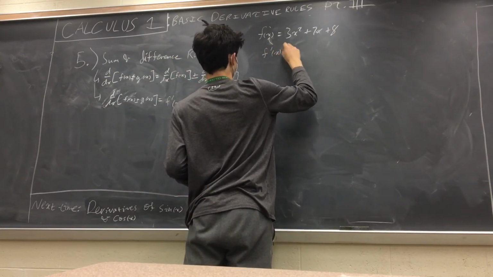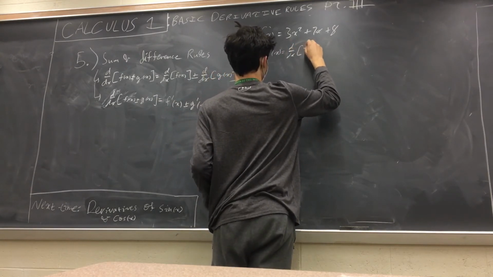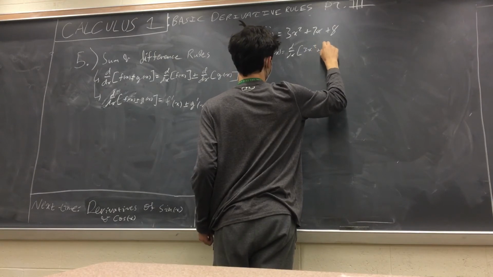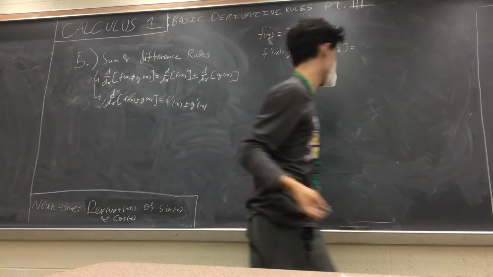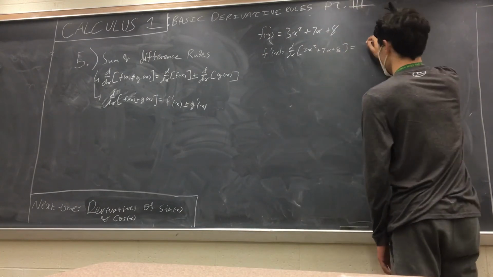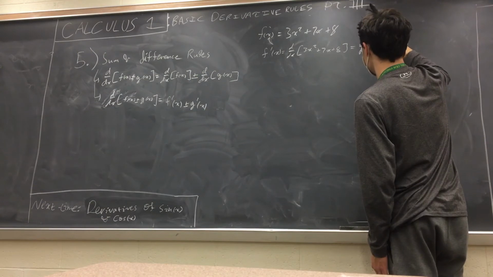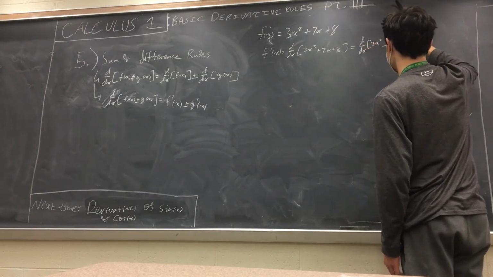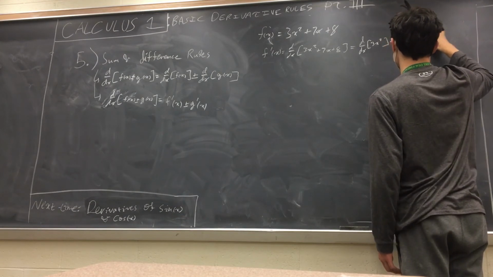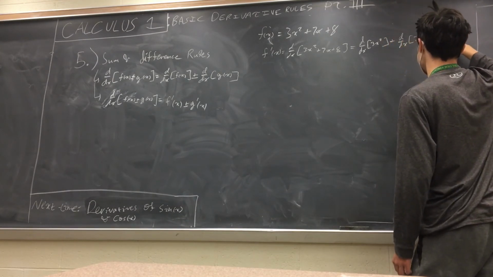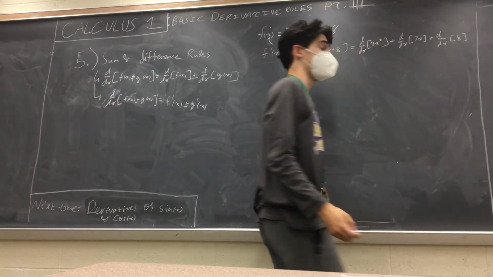So f prime of x is equal to the derivative of 3x squared plus 7x plus 8, which is equal to the derivative of 3x squared plus the derivative of 7x plus the derivative of 8.